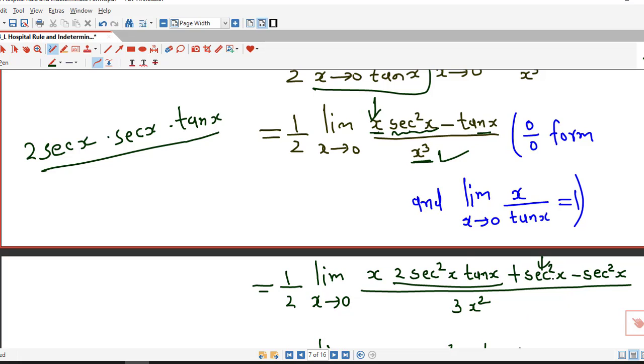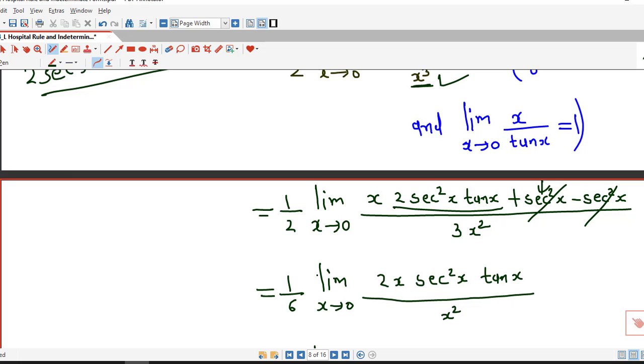So you can see here sec square x will cancel out, and this 2 will also cancel out, but we write one more step. We can write this 2 into 3 as 1 by 6, and we keep this 2 as it is.